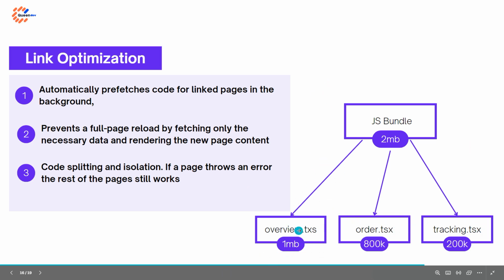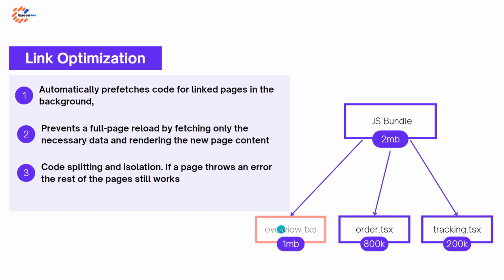What Next.js does is it's going to split this bundle into these routes. So if we are on the overview page, only this overview page is going to be loaded, while these two are being prefetched in the background. They remain in the background, but only this one is being loaded for us at that moment. So that means instead of loading 2 megabytes, only 1 megabyte is going to be loaded.